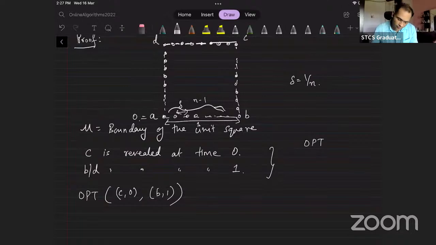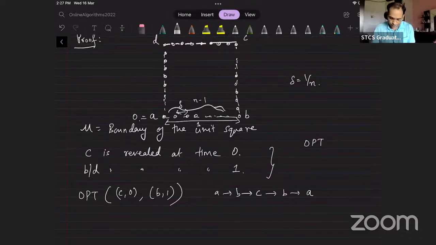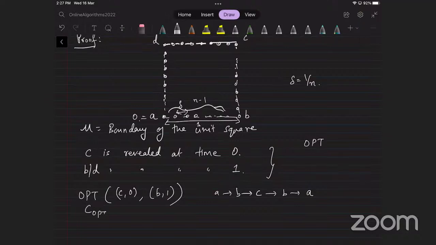It will start walking A to B, B to C, and can come back however it wants, B to A, and fulfills all requests. Is everybody clear on this? Okay, so what's the cost of OPT? 4. COPT is 4.